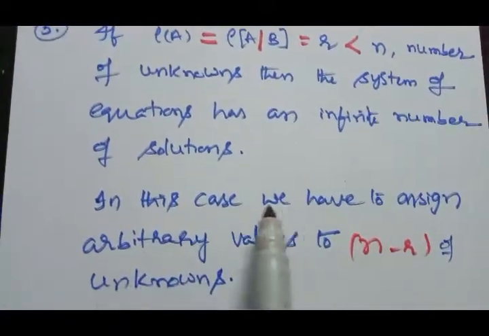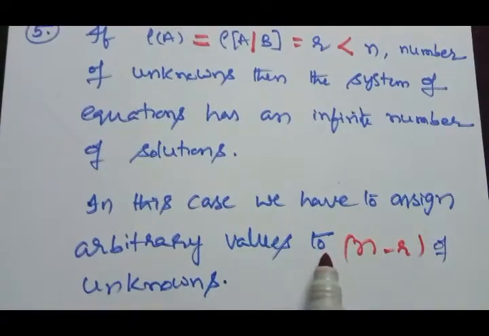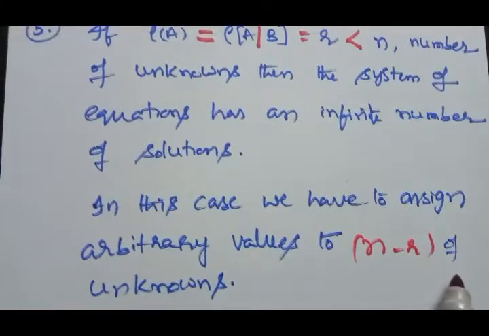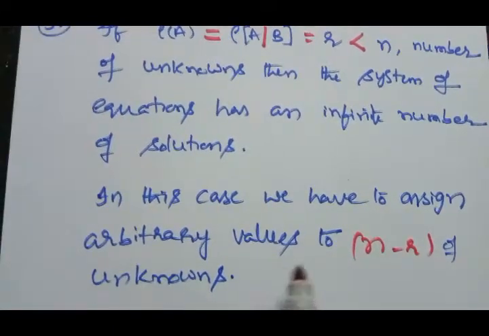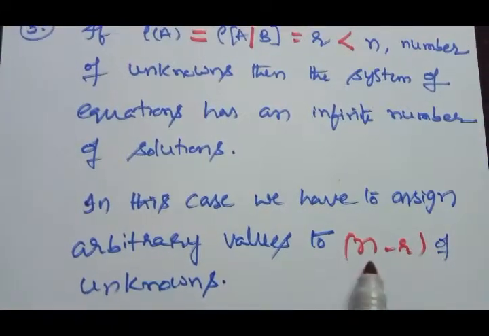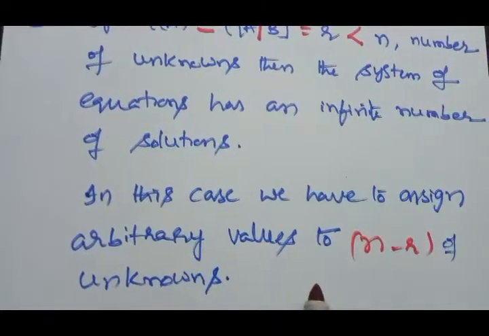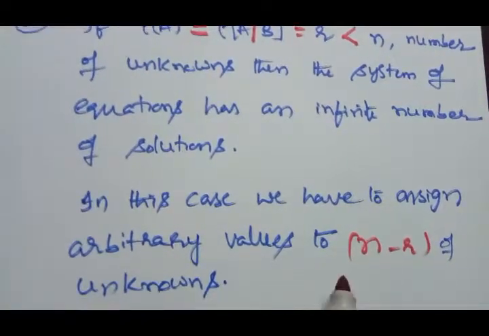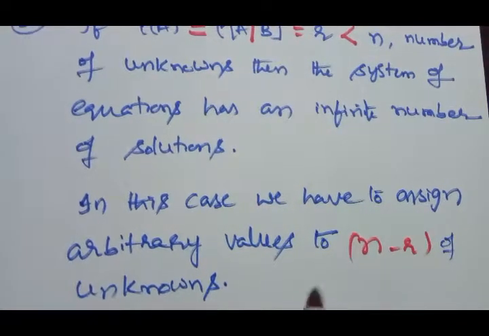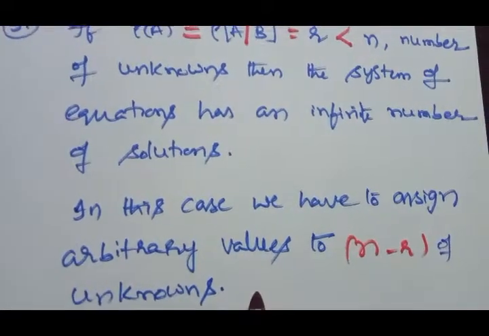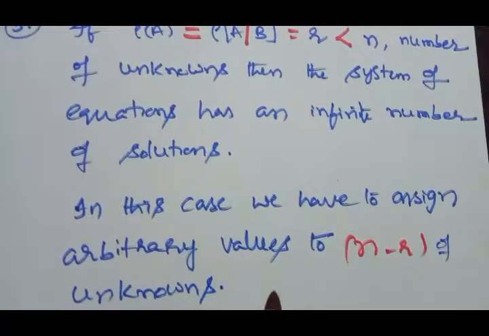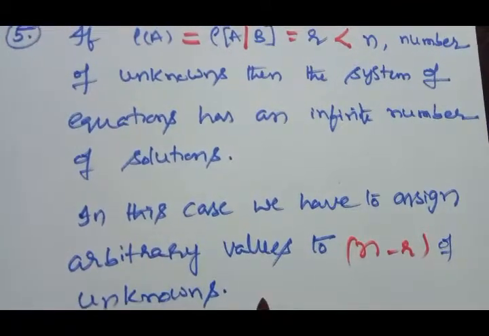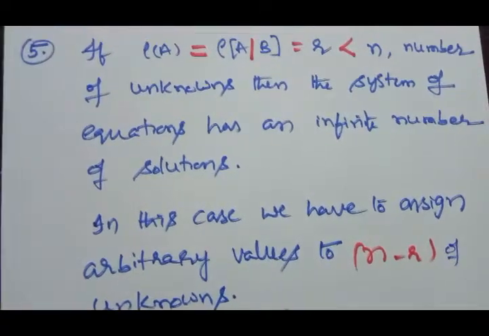So here we have to assign arbitrary values to n minus r of the unknowns. The remaining r unknowns can be expressed in terms of the n minus r unknowns. So we get an infinite number of solutions. This is the procedure to find the solution of the linear non-homogeneous system of equations Ax is equal to B.